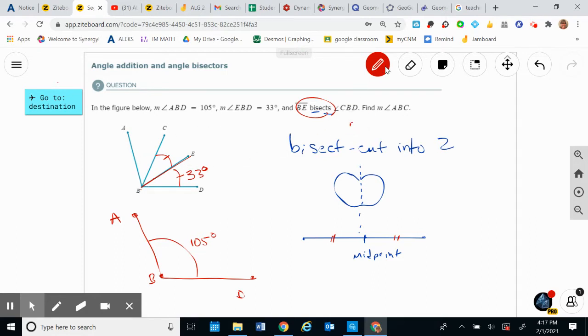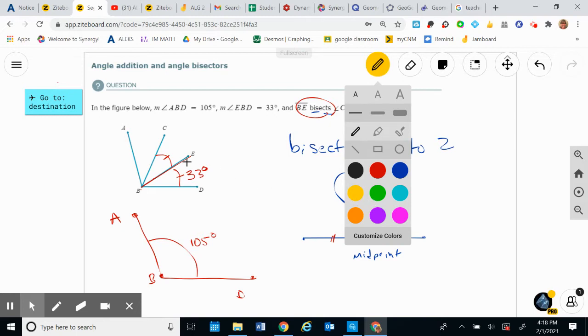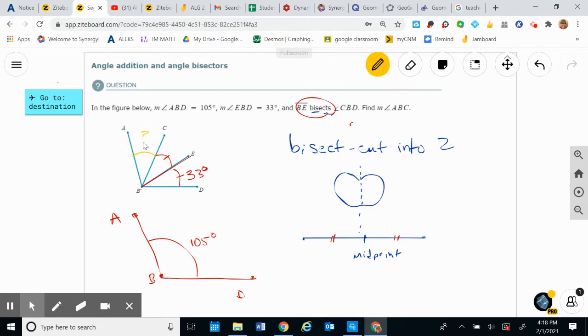So this is what we are looking for. Sometimes I mark the question mark like, okay, what are we looking for? But the way geometry works is you look at what's given to you. Like this is given to you, this is given to you, and this is given to you. And you think, what can I do with that information? Okay, we want ABC. That's the question mark.